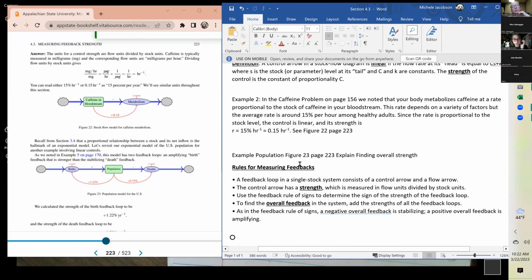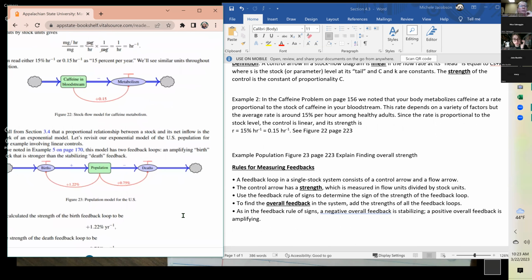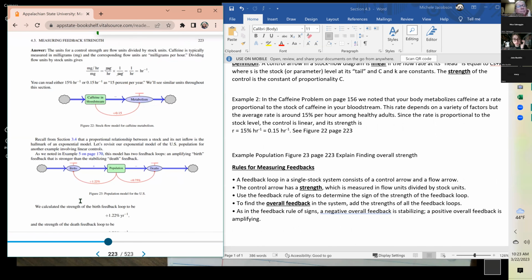The next example is the population right here. Remember, births are increasing and then leaving the stock is a negative. So this is the positive of the blue, and then this is a negative.